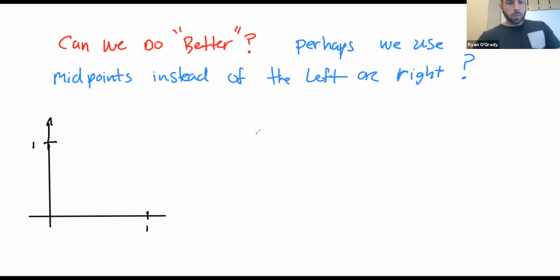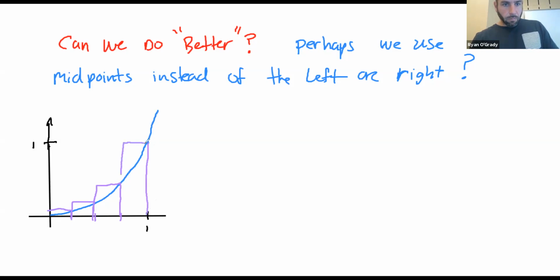Okay, so what does x squared look like? Well, we know it kind of looks like this. And so let's just draw what happens when we're using 4 rectangles. Right away you see why there's some error. You have this rectangle, this rectangle, this rectangle, and then of course this rectangle.